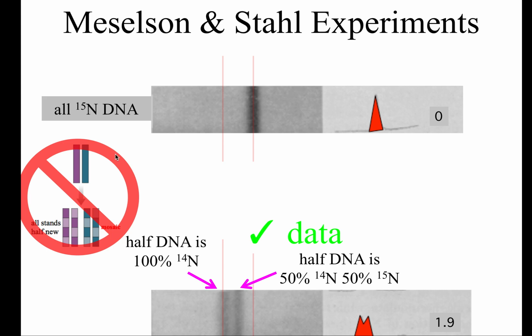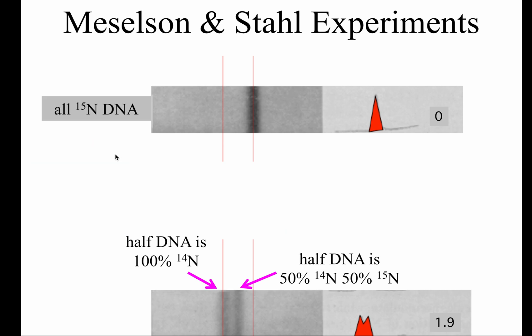Okay, so let's go back here for a second. This, where it's half light and half heavy, could be either of those two models. It could be the mosaic model, or it could be the semi-conservative model.